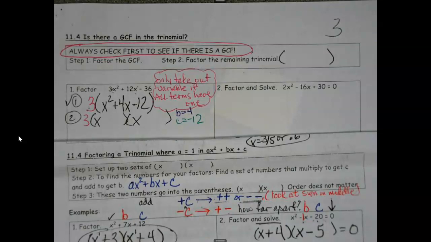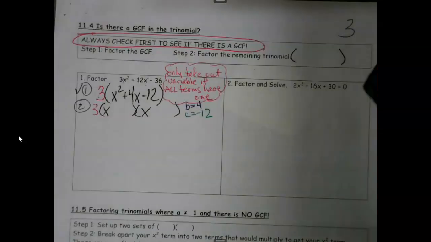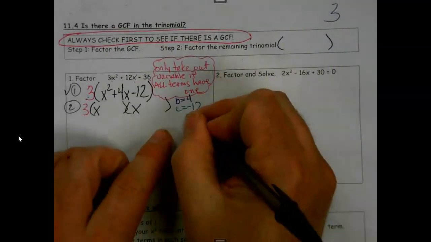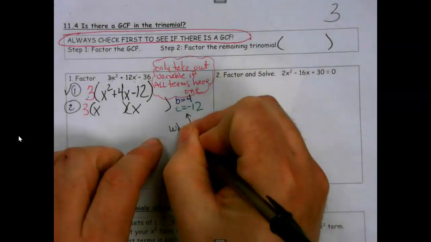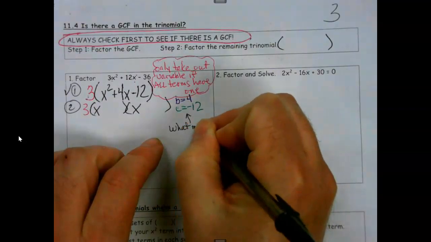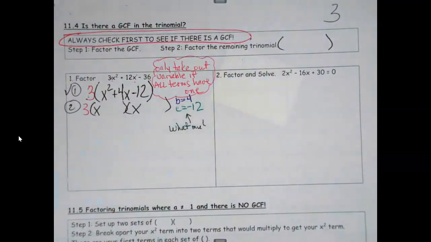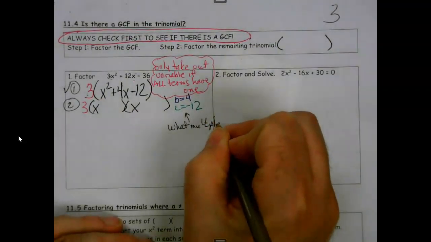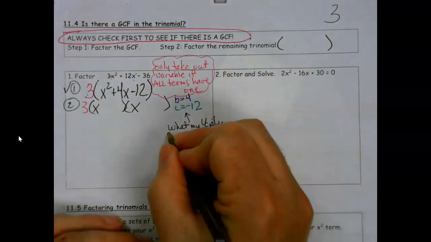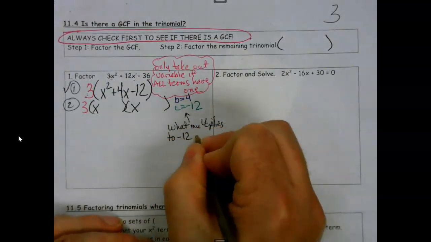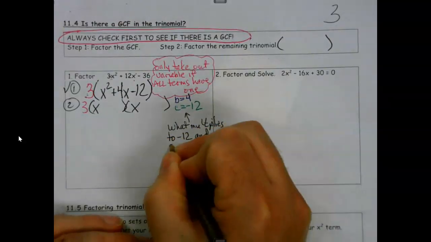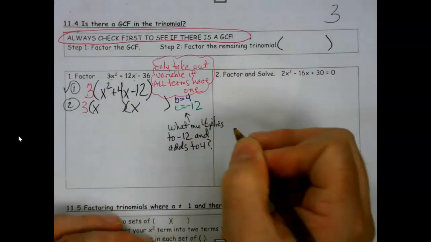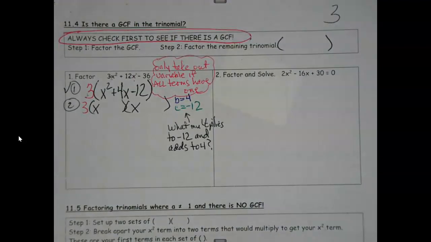So now I'm going to put one more little note with this, because it's in the notes that we get stuff like this so we can help. What multiplies to negative 12 and adds to 4? That's basically the question we're asking here.